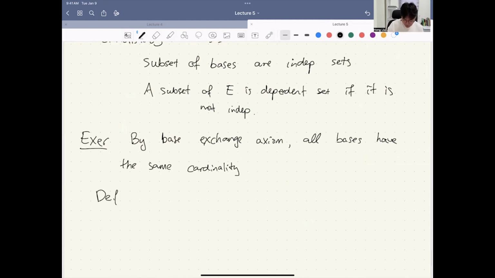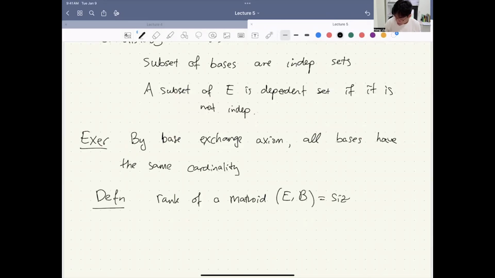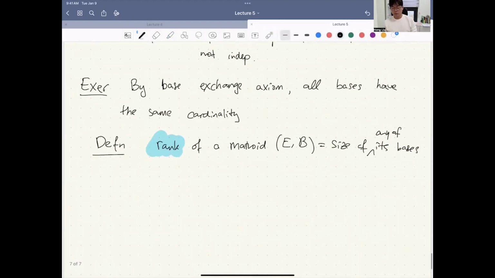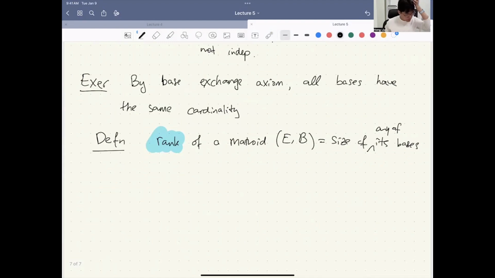So, definition: we will call the rank of a matroid (E, B) the size of any of its bases. This is what we call the rank. Any questions about the definition?